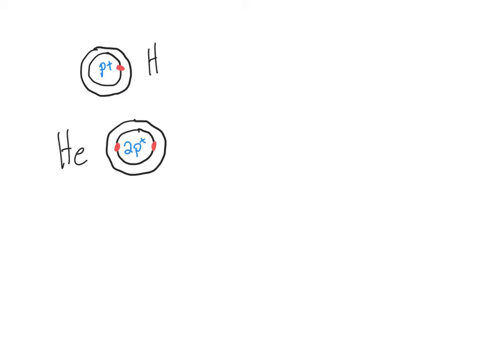So let's predict one that gets a little crazy. Lithium. Lithium is number 3 on the periodic table, so it's got 3 protons.